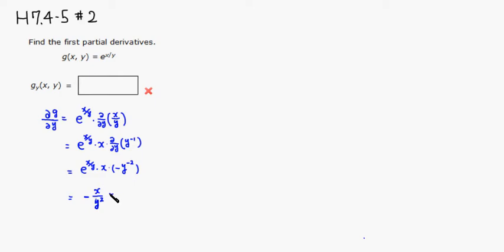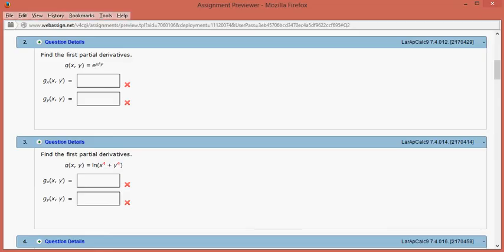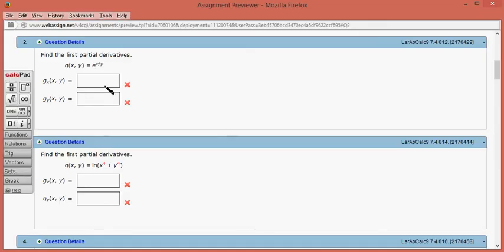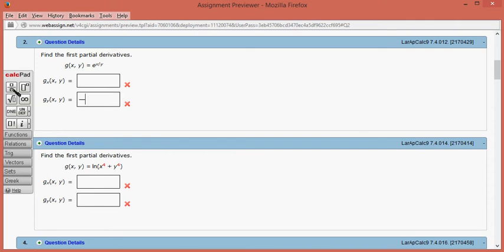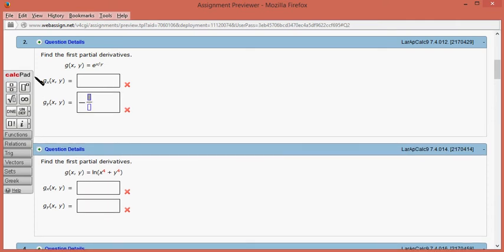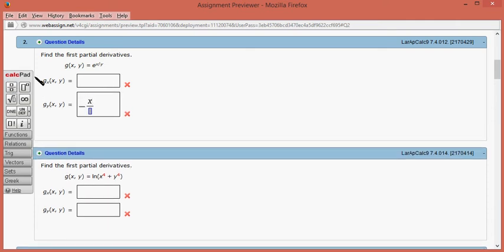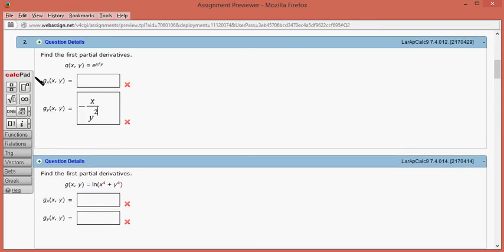Then you have e to the x over y. Alright, so let's type this in. So we got negative fraction x over y squared, and then you have e to the x over y.